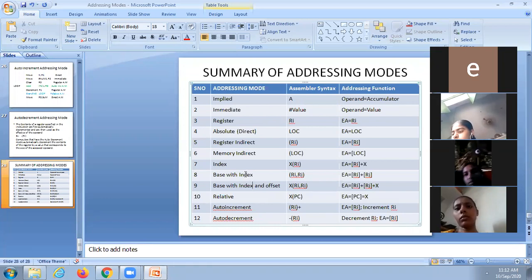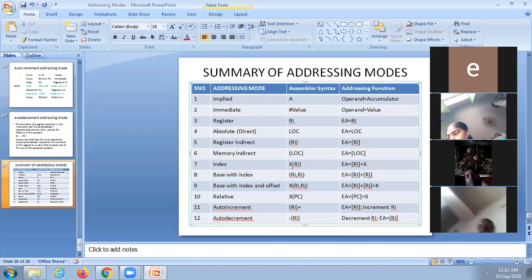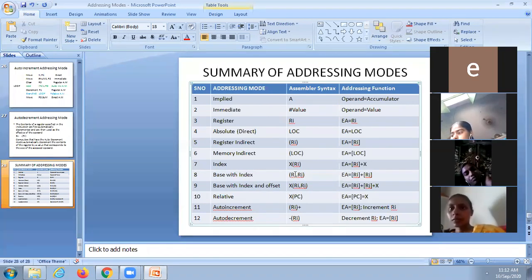Here, this is index, already explained to you, x of Ri. Here, base with index. Here there is no x, only base register and index register. Only two are there. One is the base register, another one is the index register. This is Ri comma Rj.